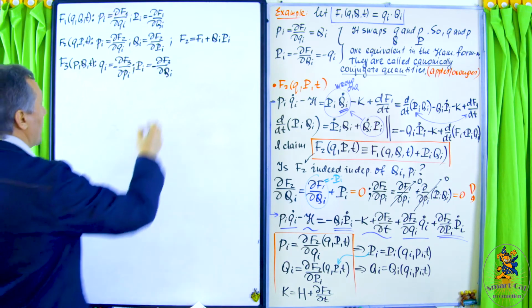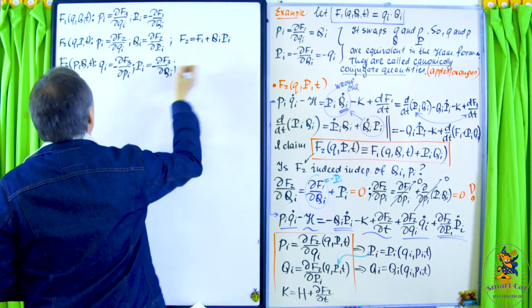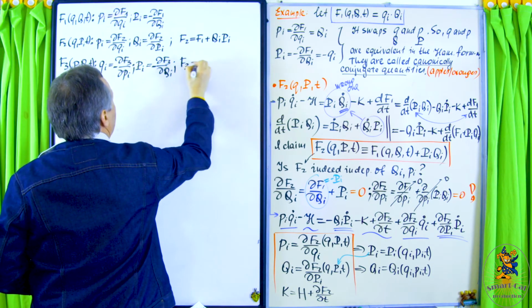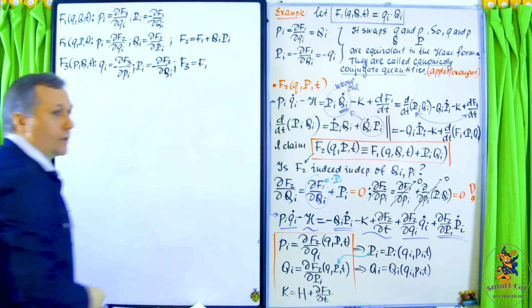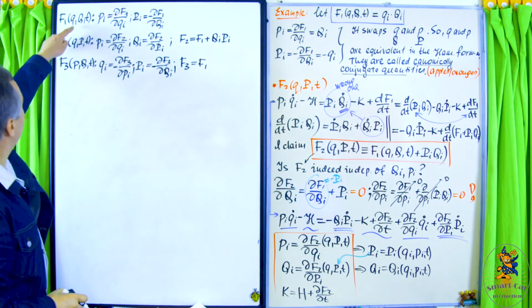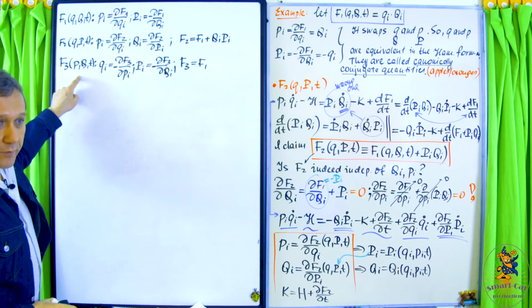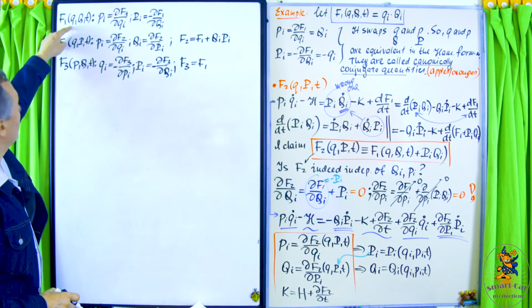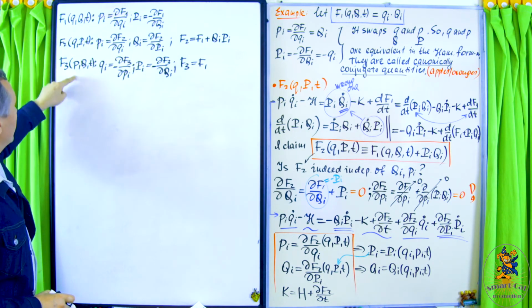And the equation connecting f3 with f1. f3 equals f1. And again, look, what's the difference between f1 and f3 in terms of variables? We need to get rid of q small and introduce p small.